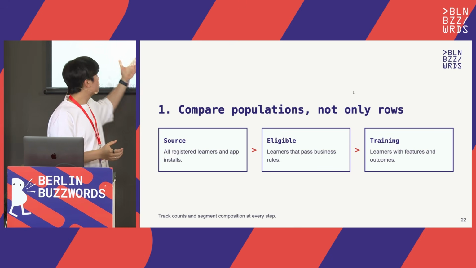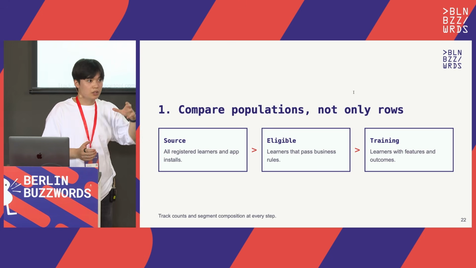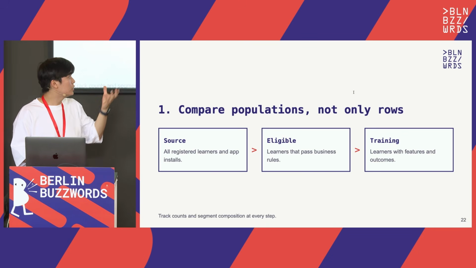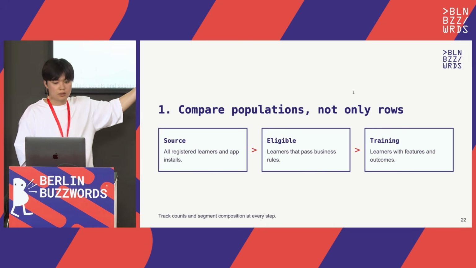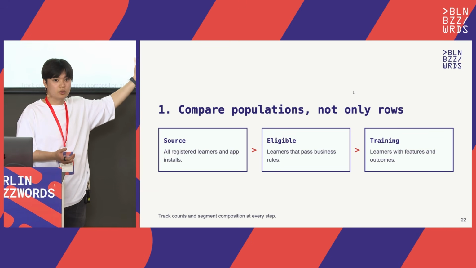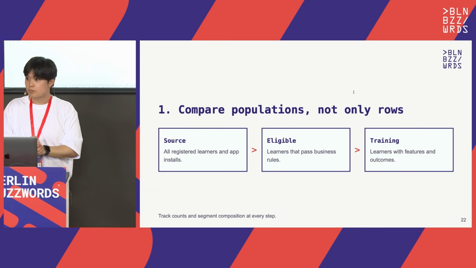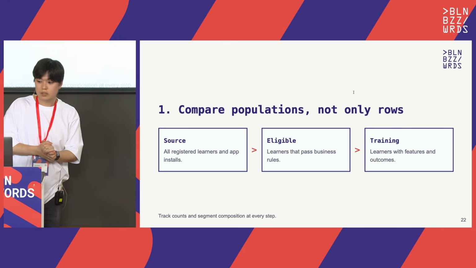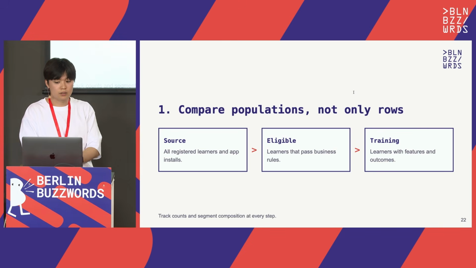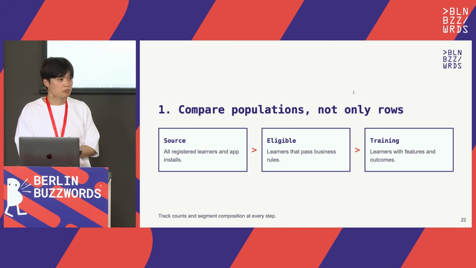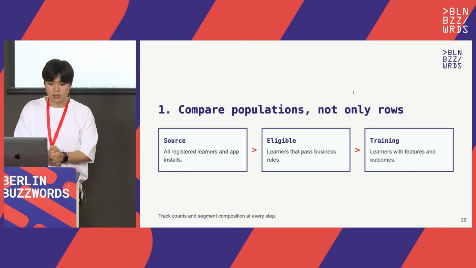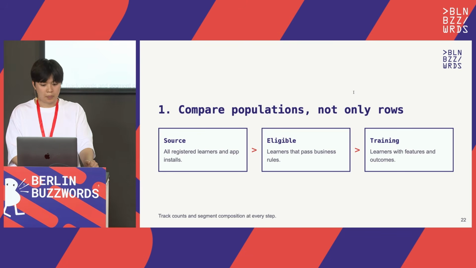We have the source, then the data which passed the eligibility requirements, and as a last step, the data that we collected for training. We need to pay attention to all the steps to not lose any essential data.